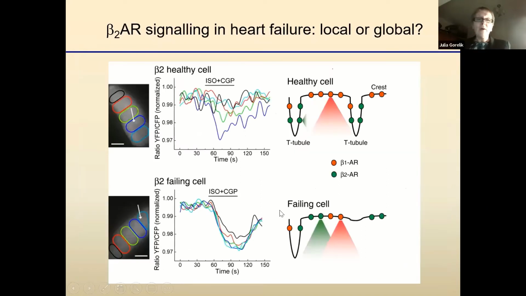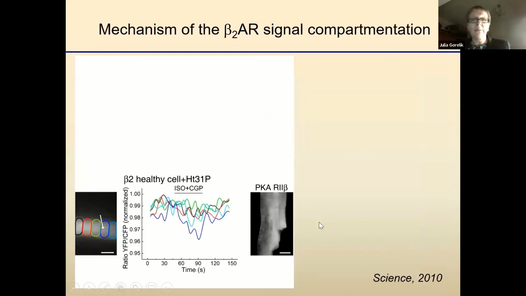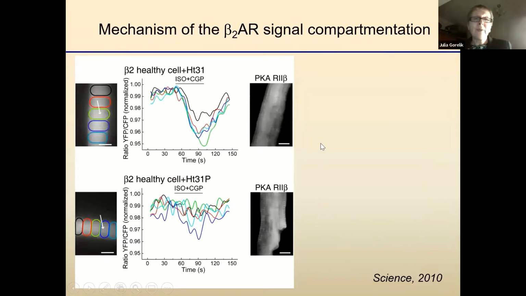So in healthy cells we have a very local signal from the beta-2 receptor, while in failing cells we have a global signal from the beta-2 receptor. We found that PKA buffers the cyclic AMP, and that in heart failure cells we have a redistribution of the RII subunits of PKA.